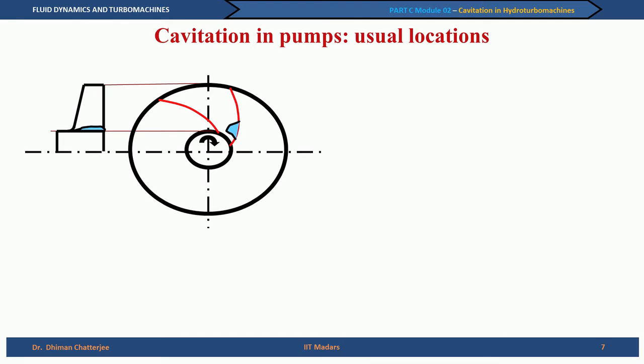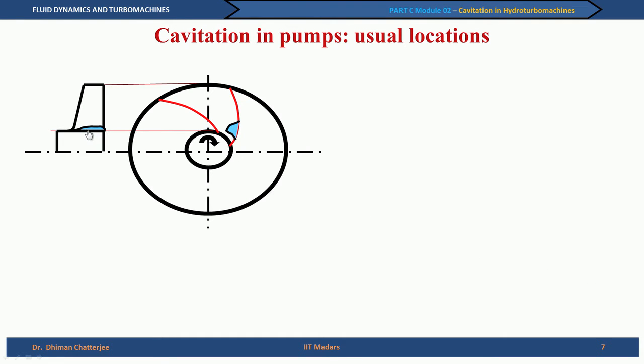We said earlier that cavitation can happen whenever there is a reduction in pressure, and hence it is quite obvious that cavitation should more likely occur at the leading edge or the suction side of the pump impeller. Here is a schematic to bring this out.